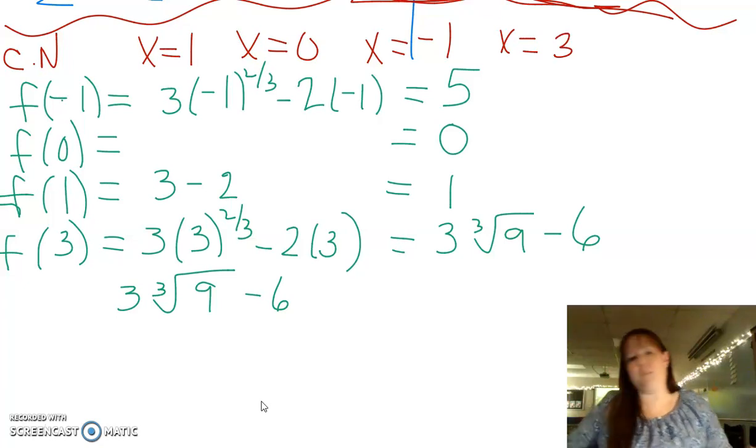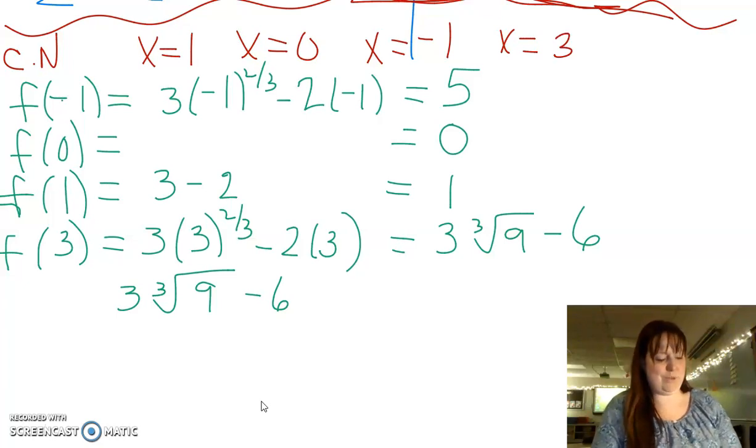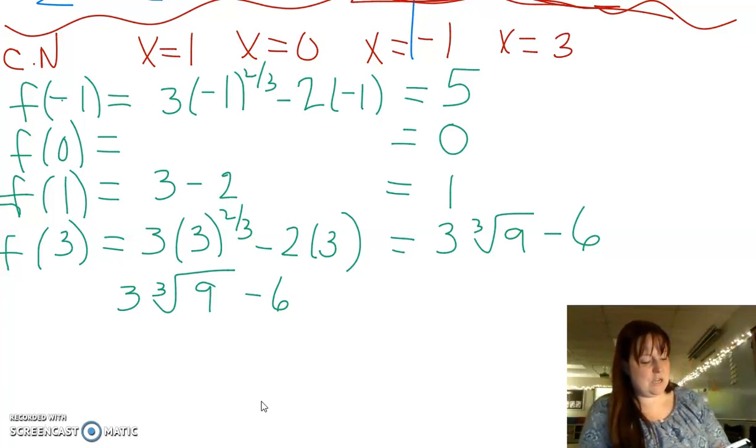Which, if I was super prepared, I totally would have had that. But I'm not. So 3 times the cube root. Where is my cube root? Oh, goodness. I'm not finding my cube root. I know it's here.